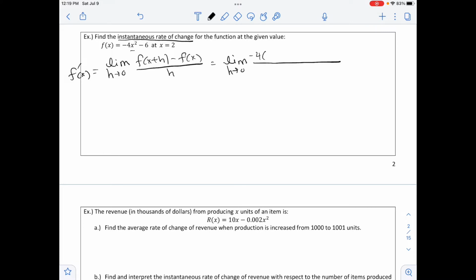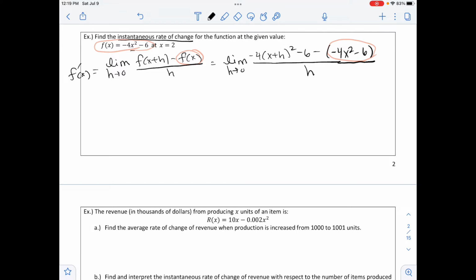So we have negative 4 times x plus h squared minus 6 minus negative 4x squared minus 6. So again, this part here, and I'll go ahead and circle it, is just our f of x value that we have. And then our denominator is just going to be h.